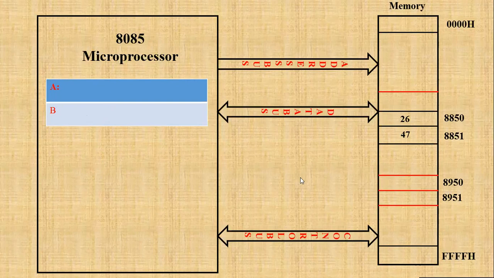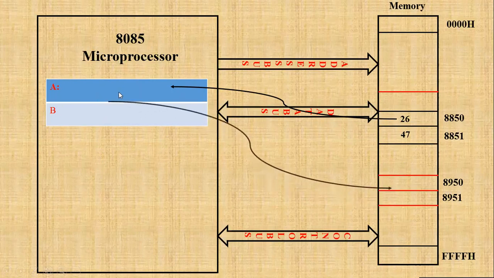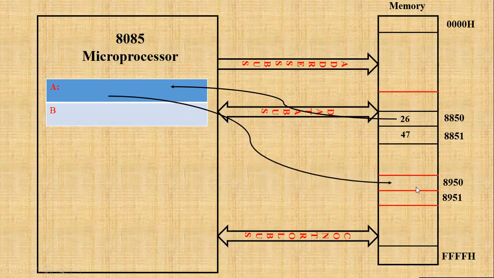If you want to transfer, first you have to transfer data from memory to register and from register to memory. Therefore, first from memory to register: suppose 8850 to accumulator, then from accumulator to another location, 8950.